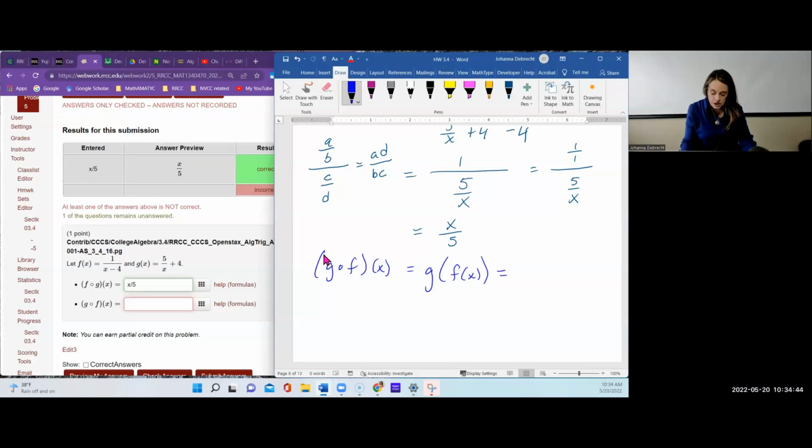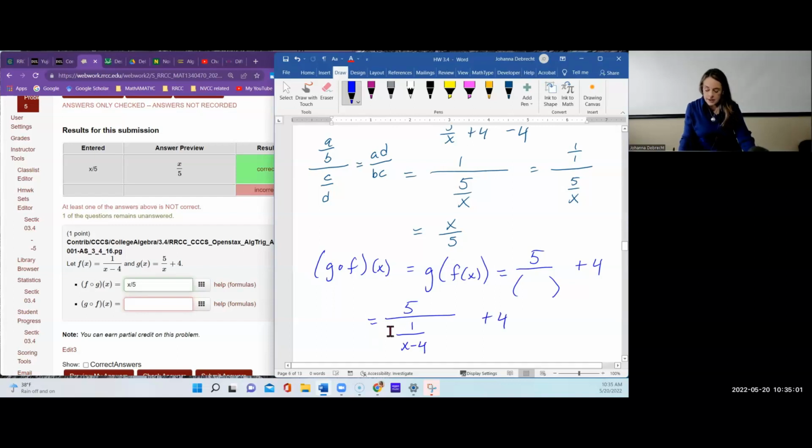This means write the g function, which is 5 over, well, something, plus 4. Then replace the something with the other function, 5 over 1 over x minus 4 plus 4. Notice I made the smaller fractions division bar shorter than the major division bar.